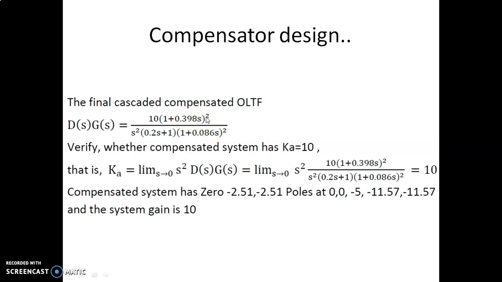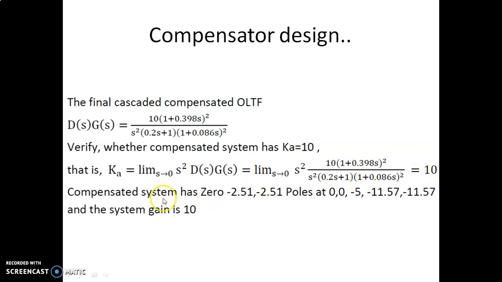We have two identically designed compensators cascaded along with the original plant system having 10 by s squared into 0.2 s plus 1. We can verify whether this gives the required Ka, the acceleration error constant of 10, by substituting into the equation K equal to limit of s squared into the compensated transfer function. When you do this, you get 10.